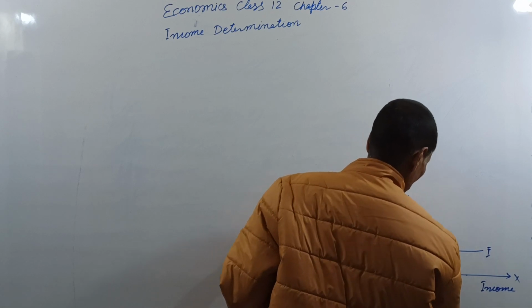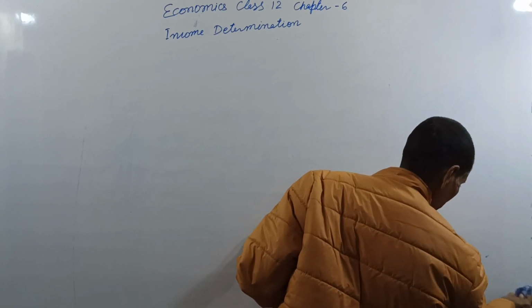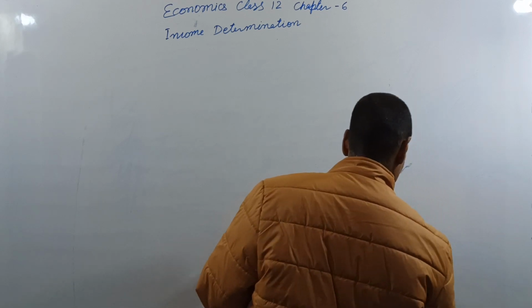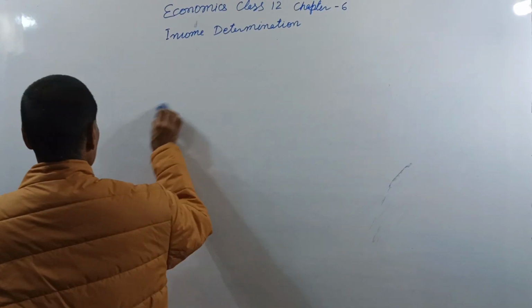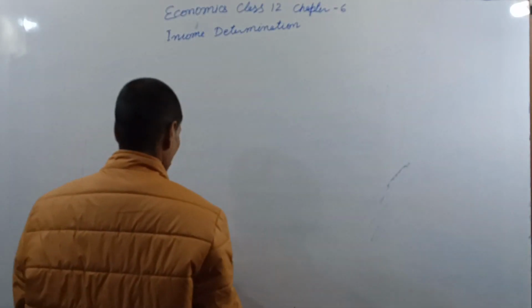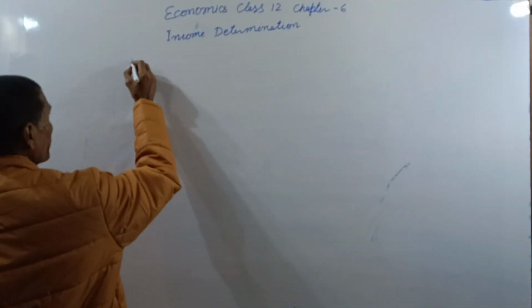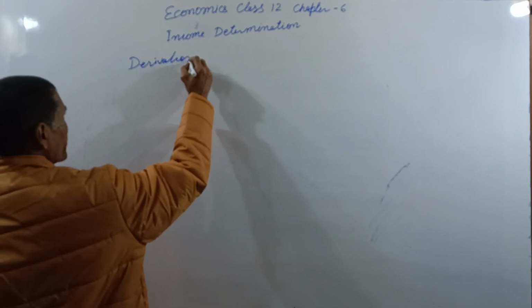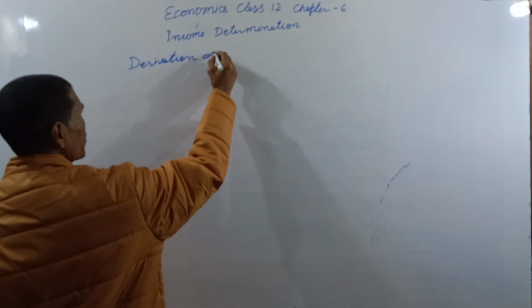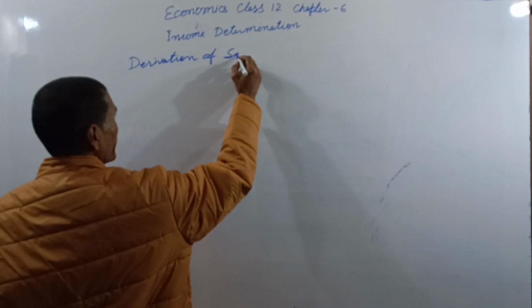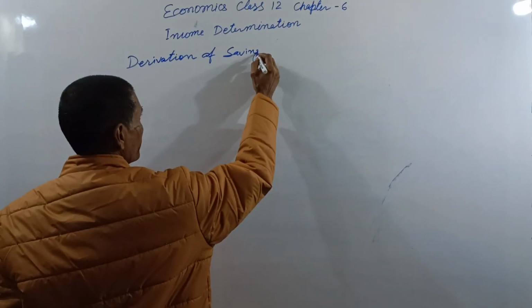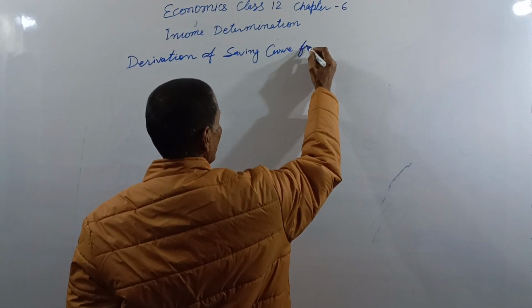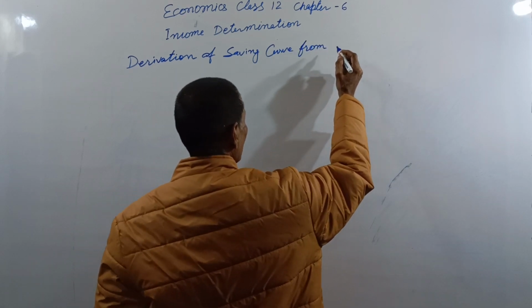Now write down: derivation of saving curve from consumption curve. Write down all of you.